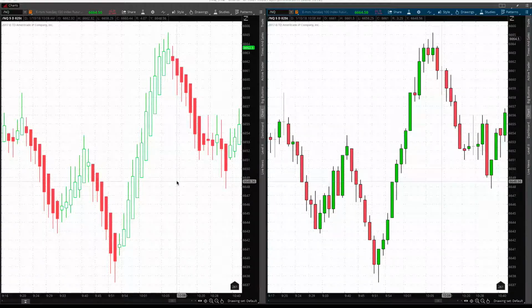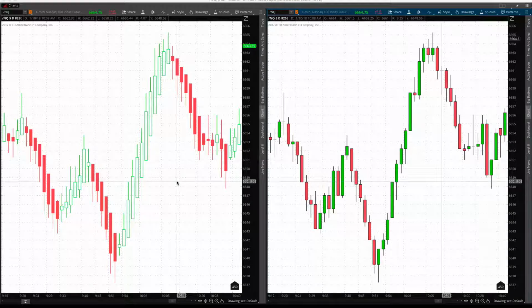Now, it could be a benefit too if you want to filter out gaps, if you don't really pay attention to them and they're a hindrance to your trading. Well, the Heikin Ashi is going to kind of filter that out for you, and so that could be of a great benefit also. So that's the Heikin Ashi chart.